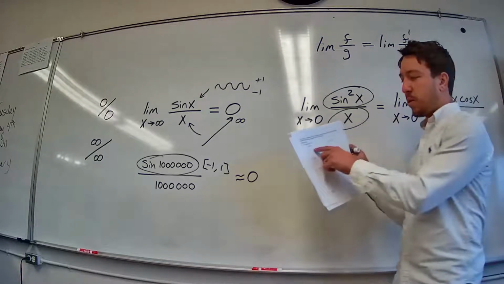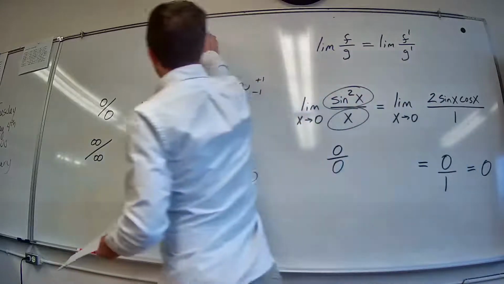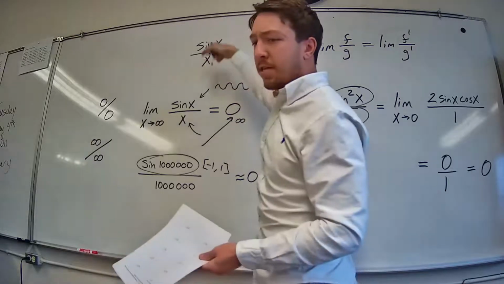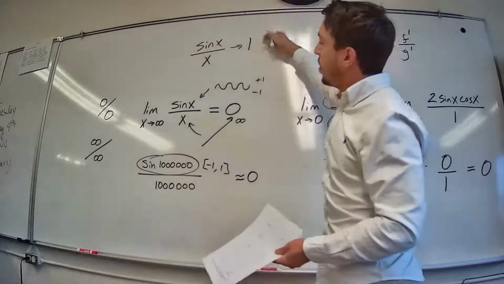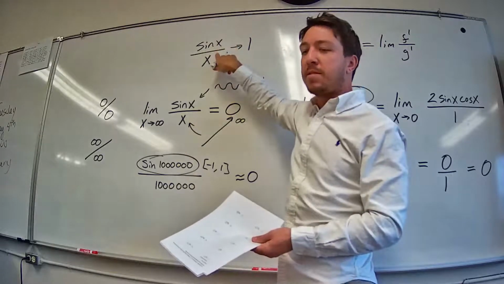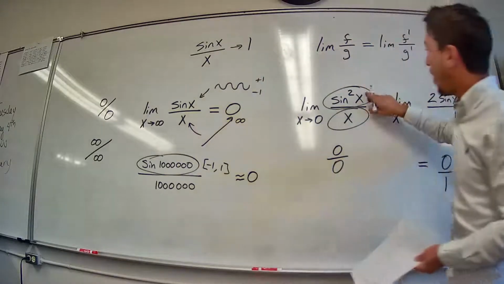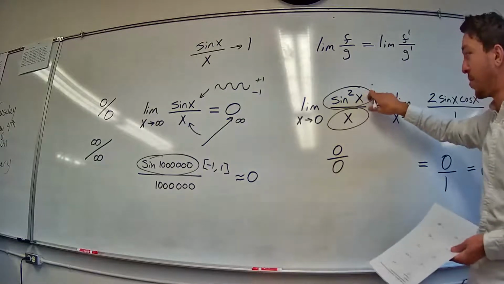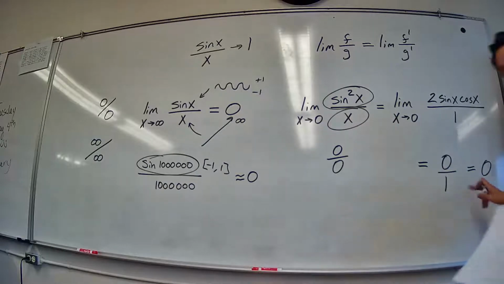So again, the first one, it's the ratio between sine and x, and they're kind of competing with each other. When this limit goes to 1, it's saying that these are both approaching 0 at the same pace. Then when you square the top, that makes you approach 0 faster. So now the top is approaching 0 faster than the bottom, which pushes the limit to 0. That makes sense.